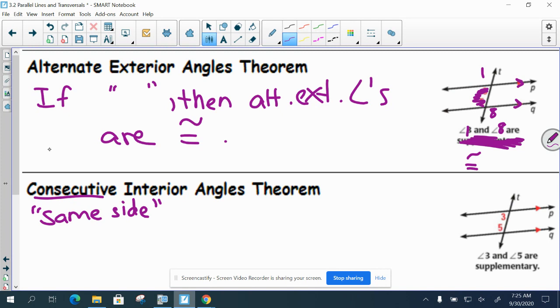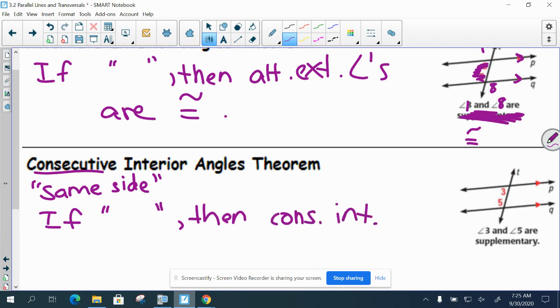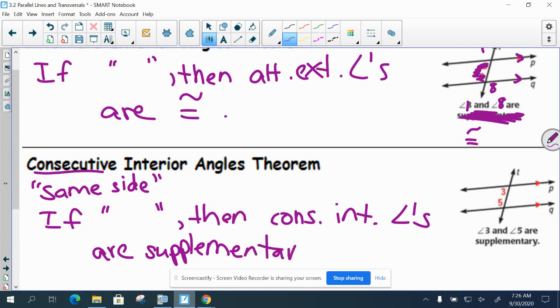The if part has to be known. So it says if two lines are parallel and cut by a transversal, then consecutive interior angles are supplementary. They add up to 180 degrees.